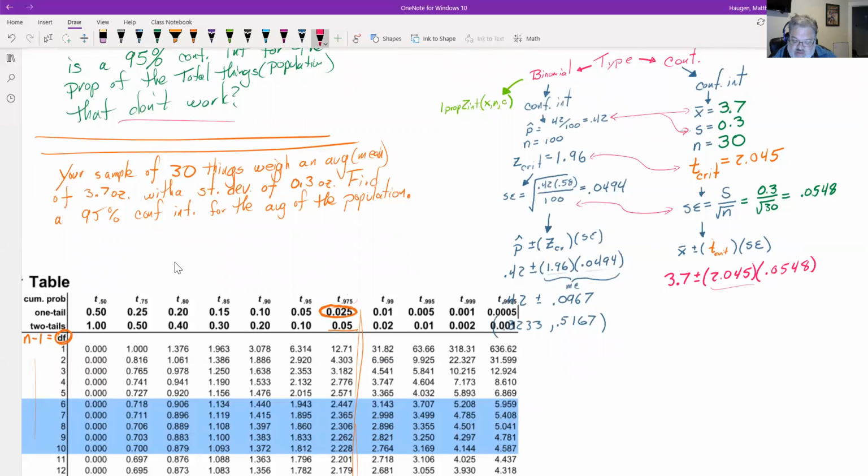If we wanted to find that margin of error separately, just again because I like to, that's 0.1121. So those are going to, again, add together. So what, 3.8121? And 3.5879.